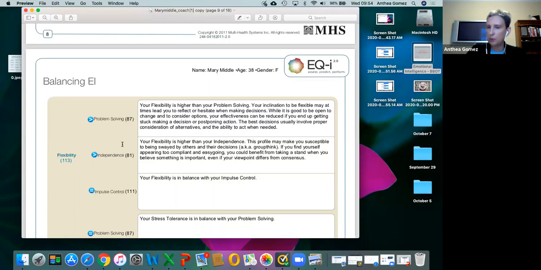So that's what the report also provides, how to balance your emotional intelligence between the main competency and the sub-competency. So your flexibility is in balance with your impulse control. That's not an area to focus on because you have the same level of emotional intelligence around controlling your impulses and how flexible you are.